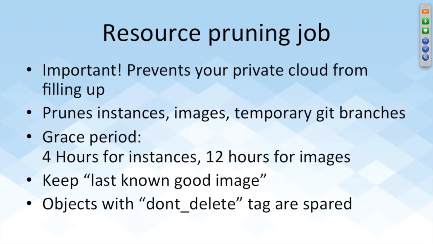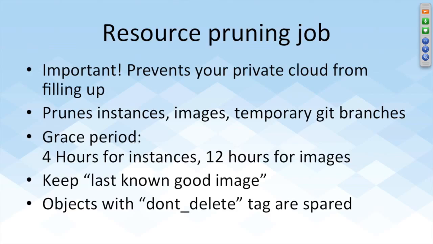Instances, images, and if you don't have a pruning job, your private cloud is going to fill up very quickly. Okay? So our pruning job is another TeamCity scheduled job that periodically goes and looks for objects that are older than a certain grace period. And if they exceed that period, it'll just go and delete them.